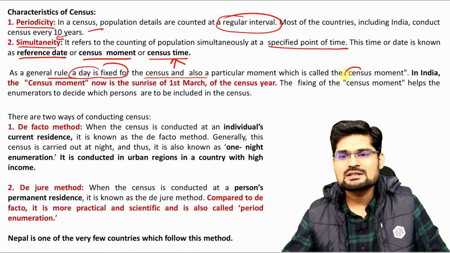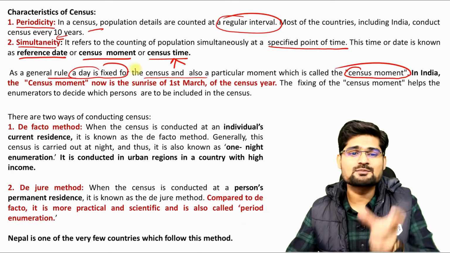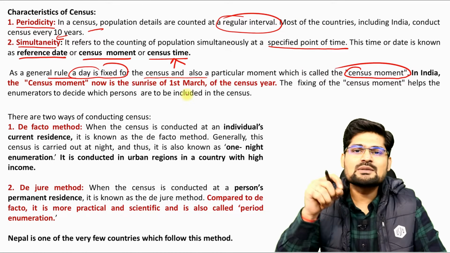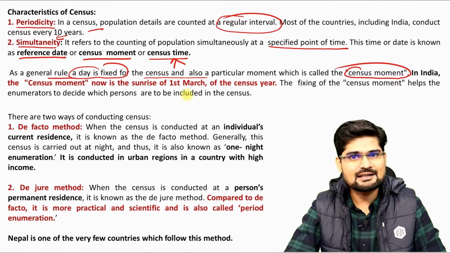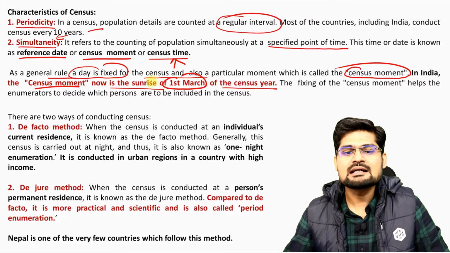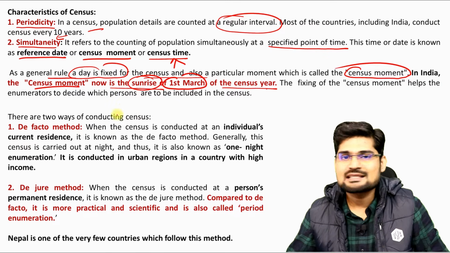So when you hear the words census time, census moment, these are the same things. It basically means simultaneity of data across the country. Only on one day the data is collected, on the same day. First March of the census year is considered, from sunrise to sunset. This is when we consider that this is the census moment.